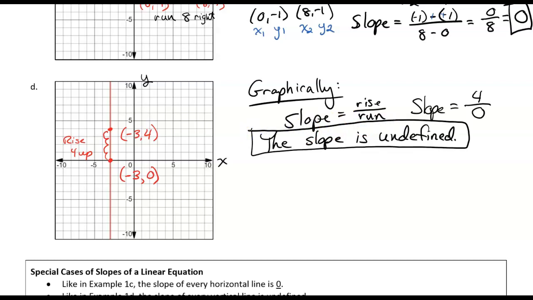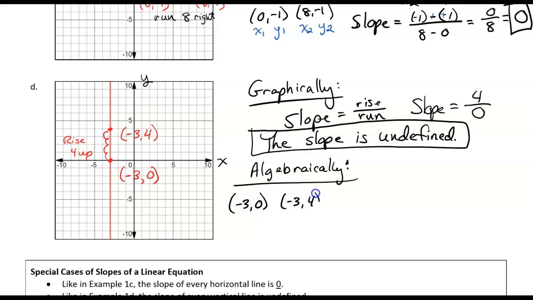Now, what is that going to look like in the formula? So algebraically, let's see what happens there. So my ordered pair that we picked, maybe you picked different values and that's okay. Try it out on your ordered pairs if you did. Labeling.